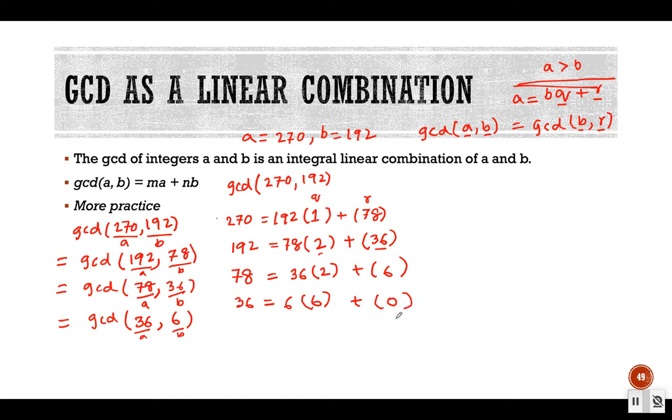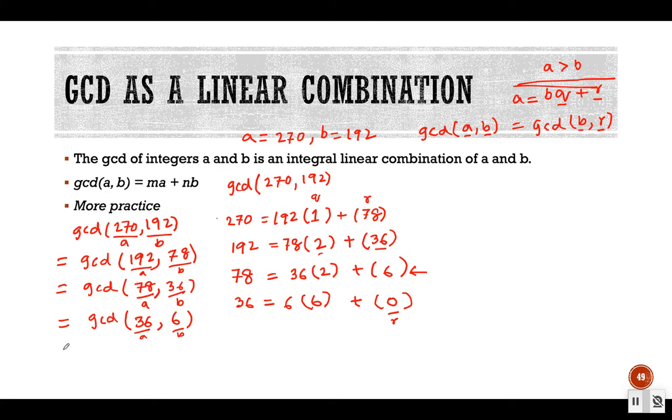Now one way is that I can stop here. When the remainder is 0, I can stop, and I will know that my GCD will be the remainder from the last step. That will be 6.